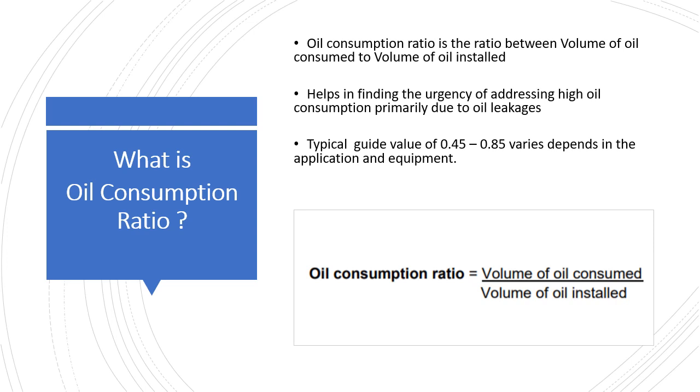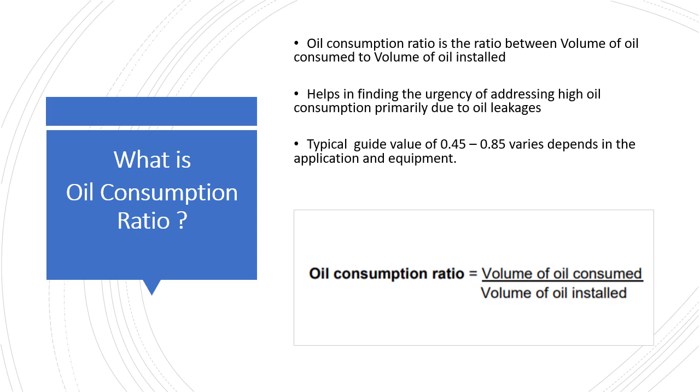As said, it helps in finding the urgency of addressing the high oil consumption primarily due to the oil leakages. So we can track a specific equipment-wise or specific department-wise oil consumption ratio, and then we can plan our action plans accordingly.